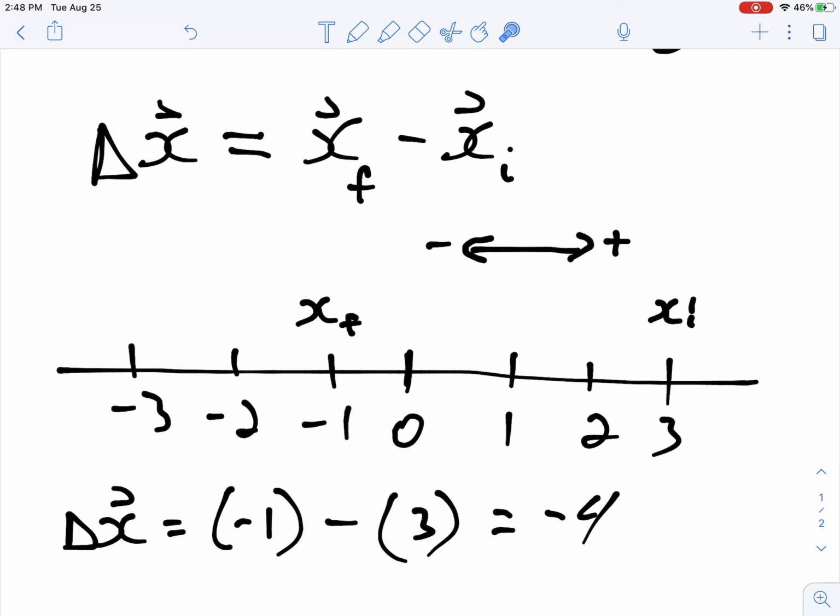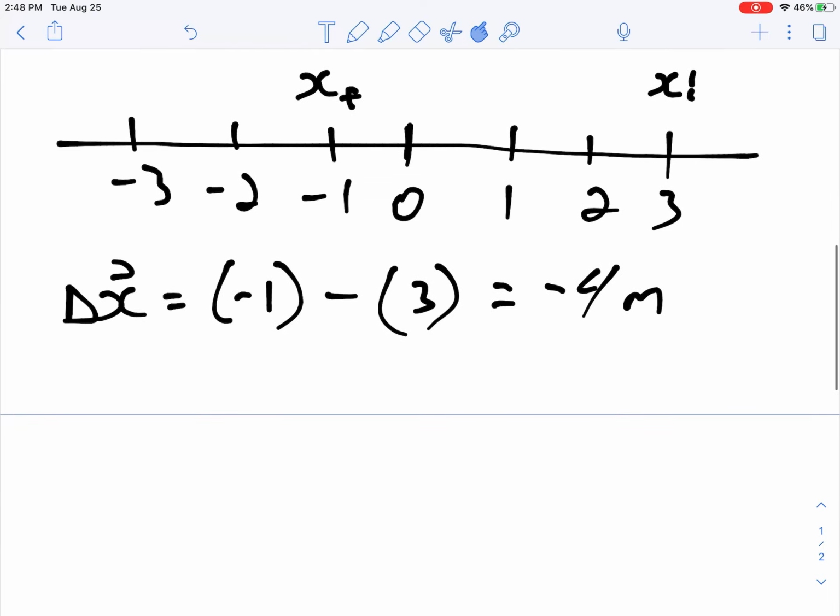That's a review of displacement. And remember, this negative sign is simply telling us the direction. We went to the left as opposed to the positive direction, which would be to the right. And 4 is the magnitude, the amount of units. A typical unit for us would be meters in length.